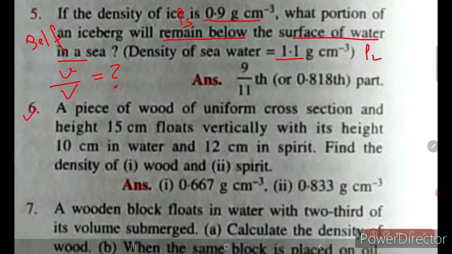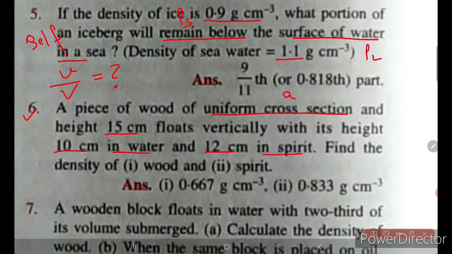The question number 6 reads as: a piece of wood of uniform cross section, we can assume it to be A, and the height is 15 centimeter, floats vertically with its height 10 centimeter in water and 12 centimeter in spirit.